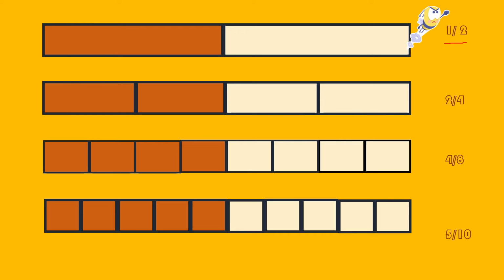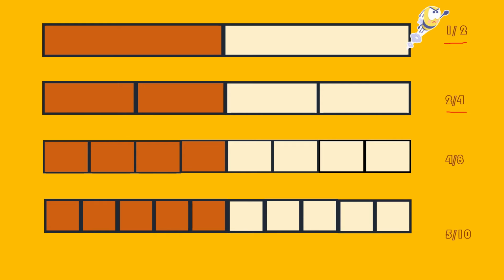The second stripe has 4 equal blocks and I have shaded 2 of the blocks in brown color. So 2 out of 4 blocks are colored, and the fraction can be written as 2 divided by 4, or 2 by 4. Similarly, the third stripe has 4 shaded blocks and the total blocks are 8.